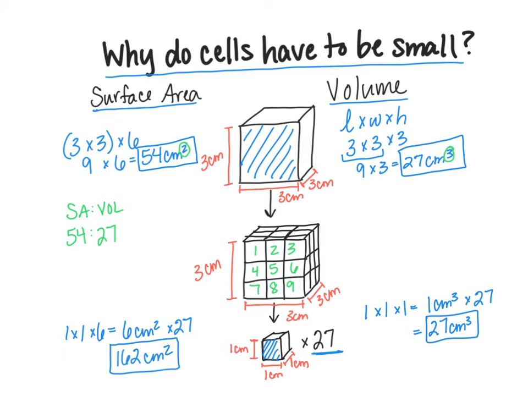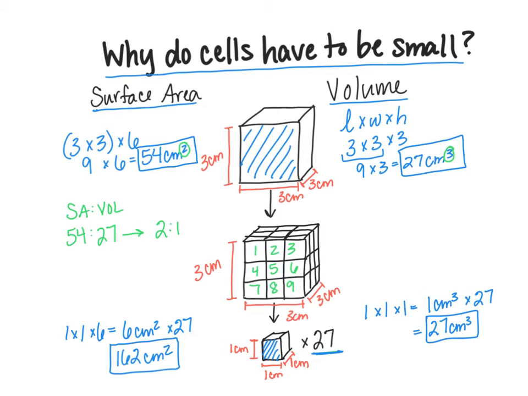Now we can reduce this ratio kind of like we're reducing a fraction. And so 27 goes into 54 2 times. So we can reduce this to a 2-to-1 ratio. And what this means is that for every 1 unit of volume, we have 2 units of surface area.